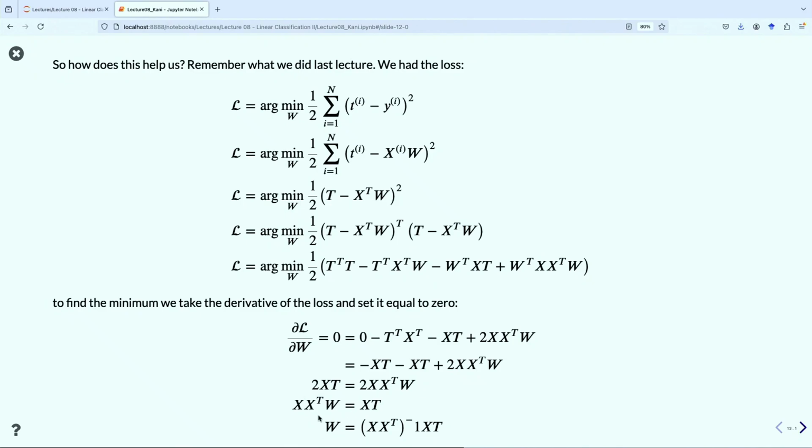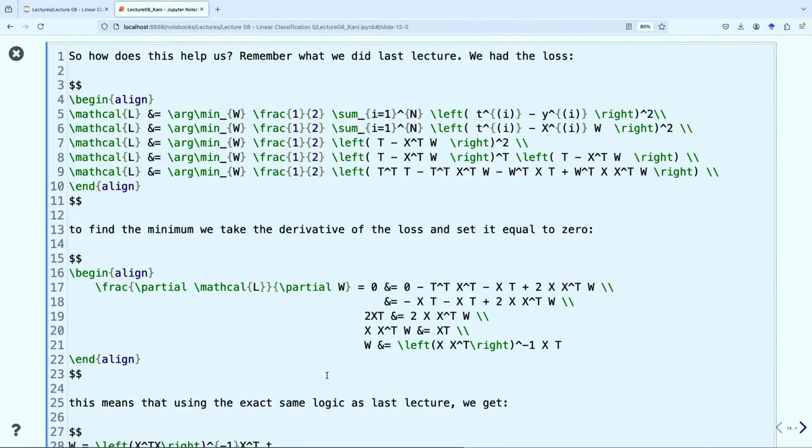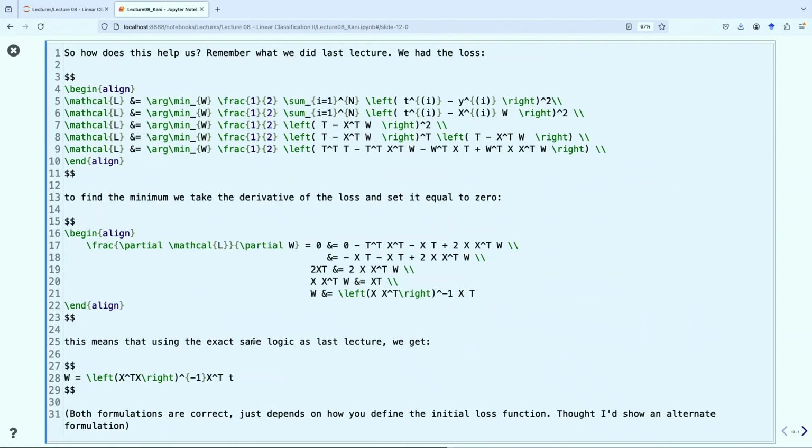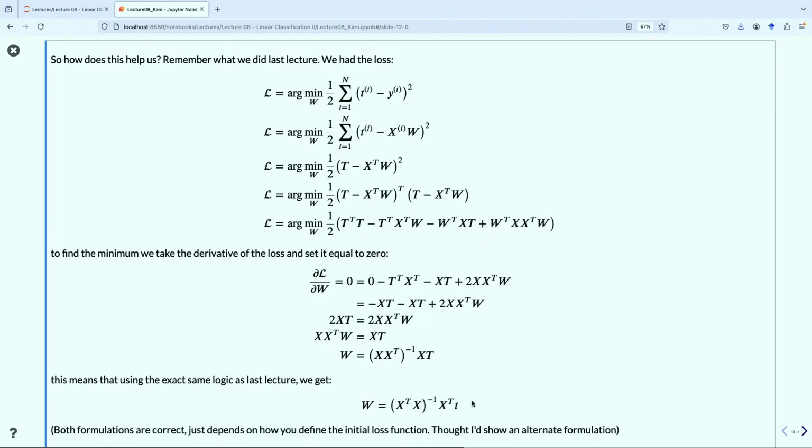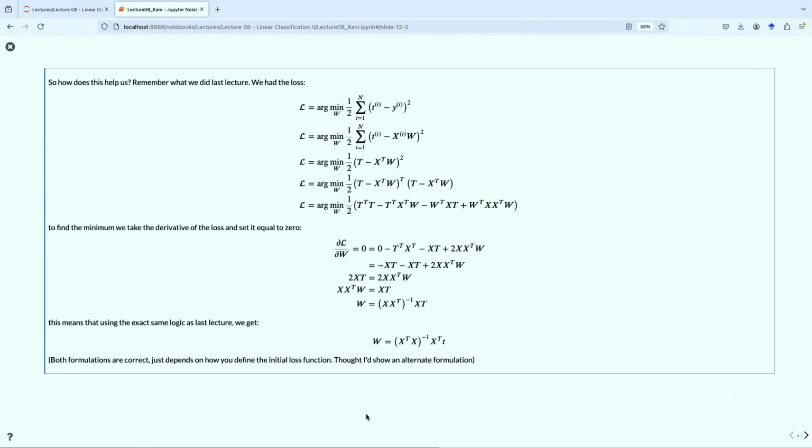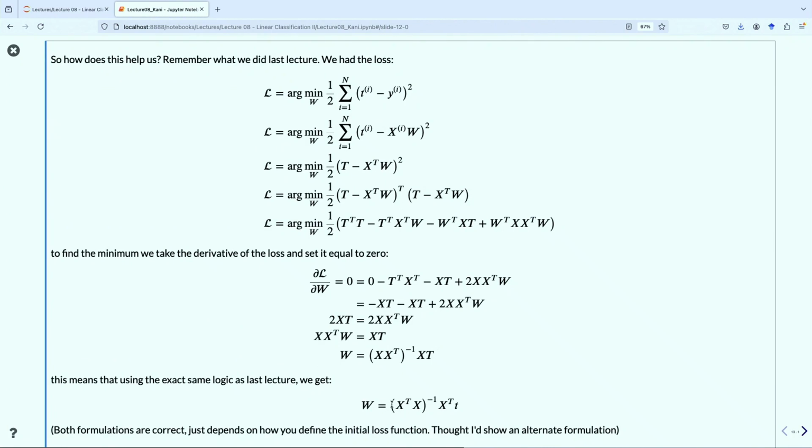And then we multiply both sides by x transpose x to the negative 1. There we go. And then we get the matrix solution for w as x transpose x to the negative 1 times x times the ground truth t.